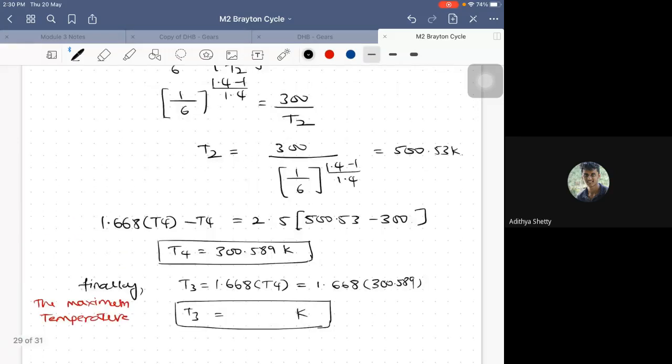Just check the values remaining. Make sure the values are right, because if one value goes wrong, all the problem will go wrong.